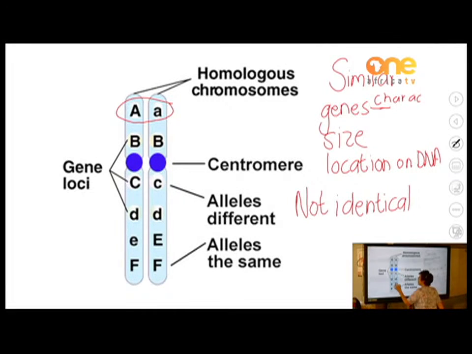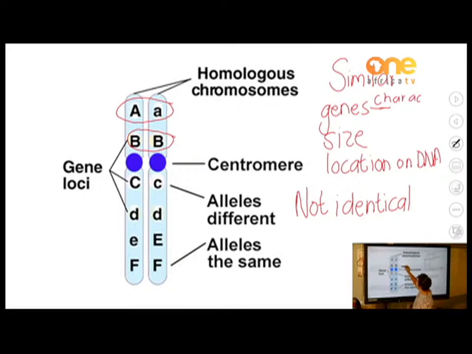These two are not identical. Why can they not be identical? Because a gene has a specific locus, or genes have loci on the chromosome, and the two alleles can either be the same, which means the same allele has been inherited, or it can be different.